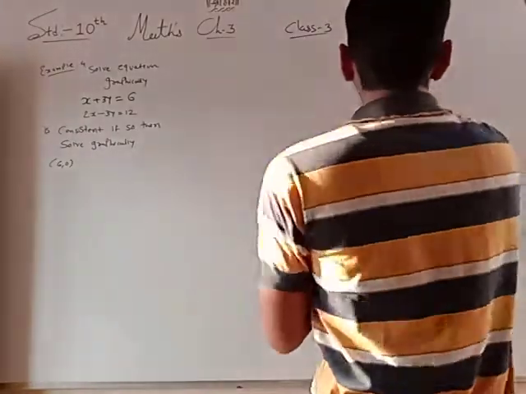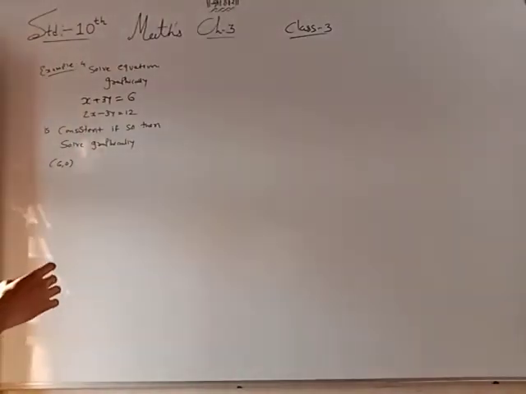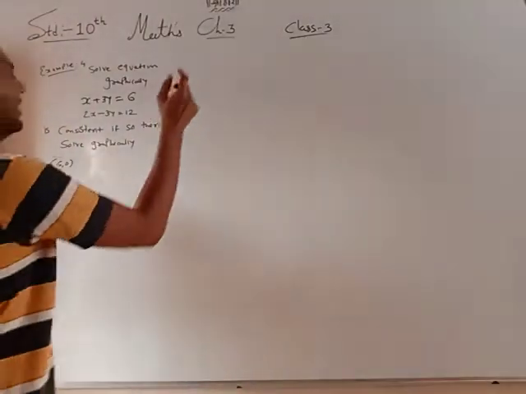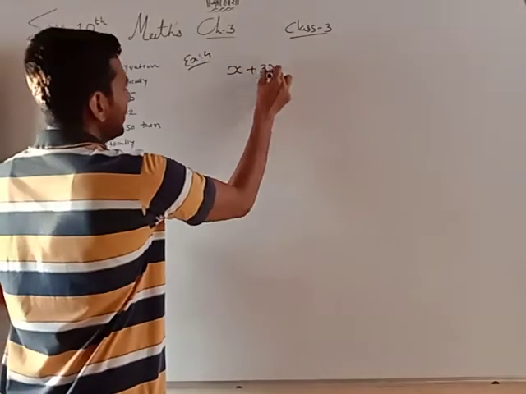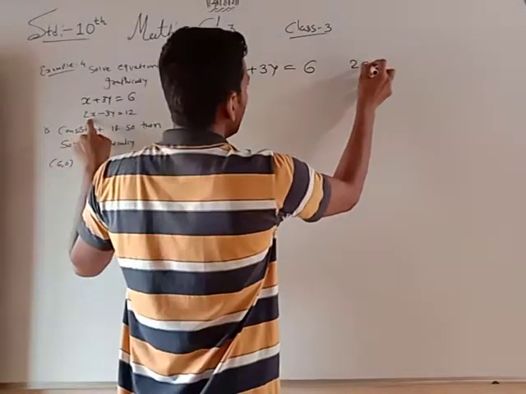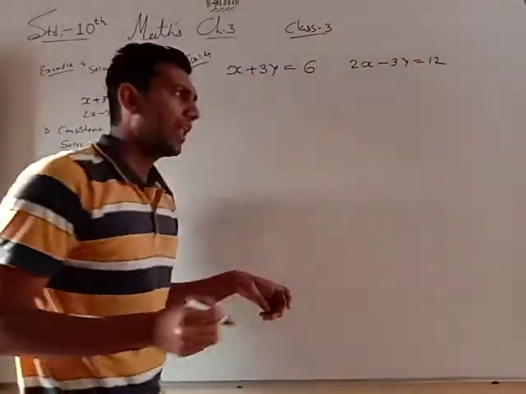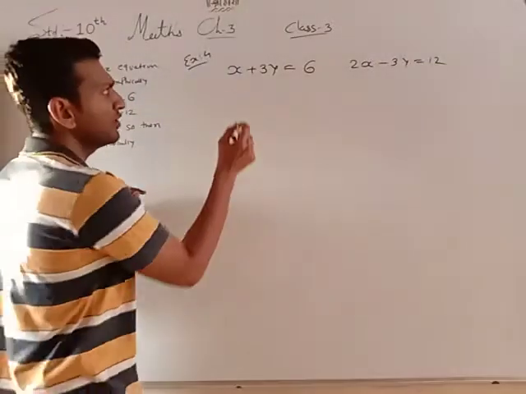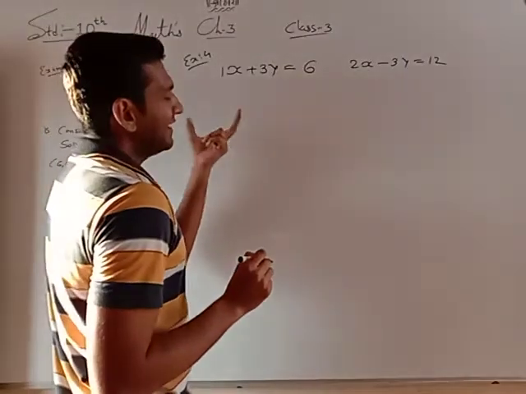In example number 4, solve the equations graphically, and the two equations are given: x plus 3y is equal to 6 and the second equation is 2x minus 3y is equal to 12. So first find the ratio of the coefficients.